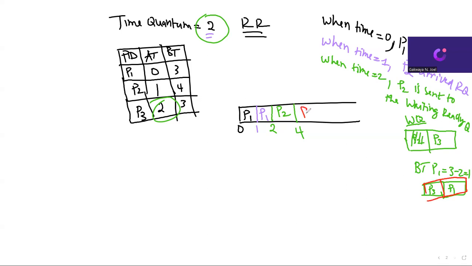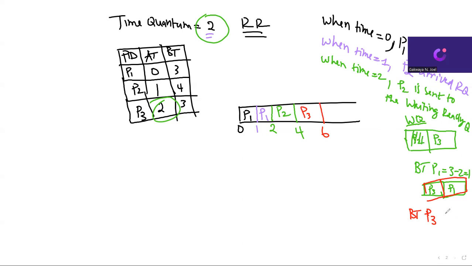P3 is coming here, and it will go till 6. Update its burst time. P3, which will be equal to 3 minus... we update the burst time for this one.